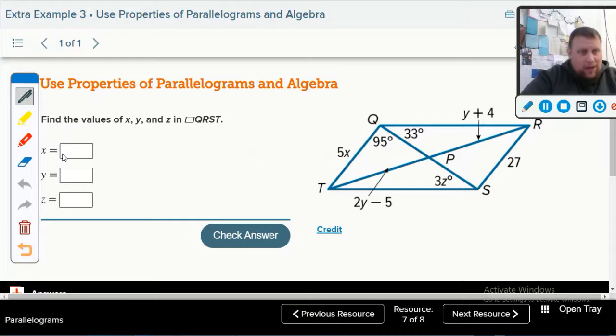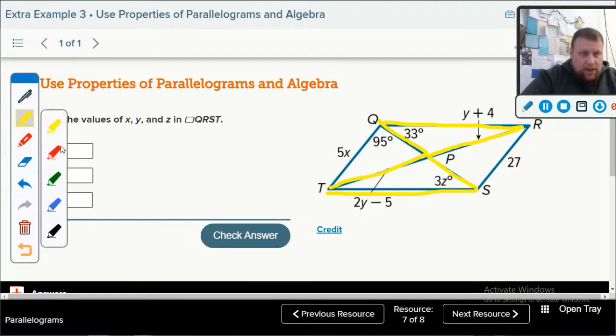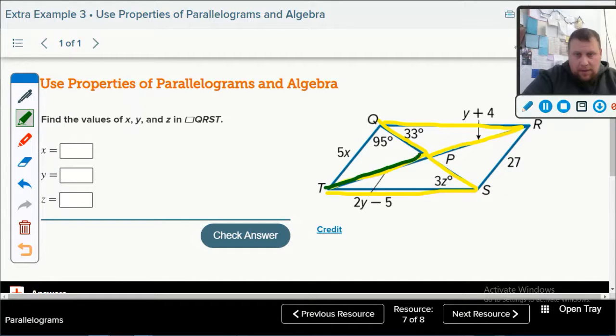When we made the diagonals, we separated this into two congruent triangles, pairs. We have one pair right here of TPS and QPR. And then we had another set of congruent triangles, TPQ and RPS.